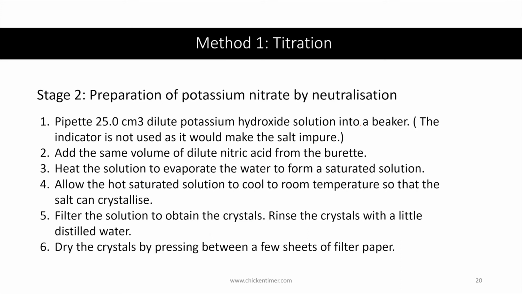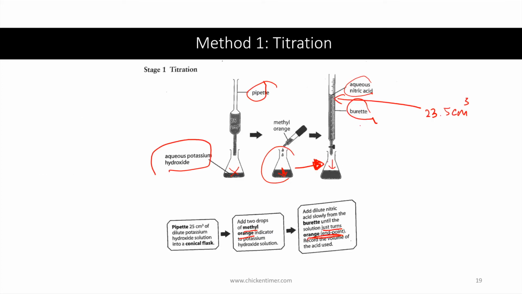Then after that, you repeat the whole experiment again, the whole process here. Now you don't use methyl orange. So you take out 25 cm cube of potassium hydroxide into a beaker again, and then pour 23.5 cm cube of acid into the potassium hydroxide.